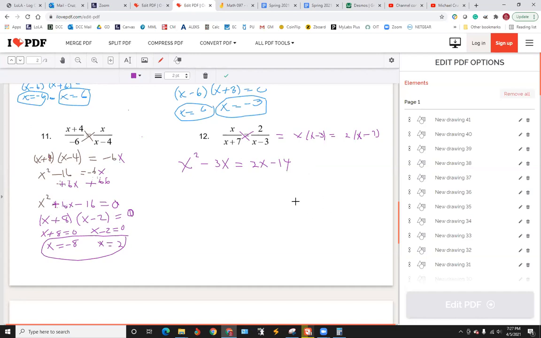That's supposed to be a plus 14. It's supposed to be plus 7. Oh yeah, thanks.